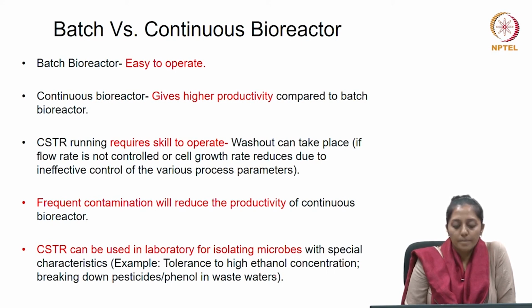For example, if one has to find a microbial strain which has higher tolerance to high ethanol concentration, or if we want to select a microbial strain which can break down a pesticide or phenol in waste waters and therefore can survive the toxic levels, then these selection pressures can be applied to this group of organisms coming inside the continuous reactor, and with time, due to the selection pressure, what remains viable would be the cell line which is able to survive. They are also used for selecting mutants.